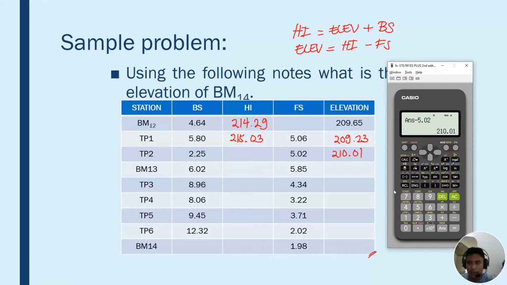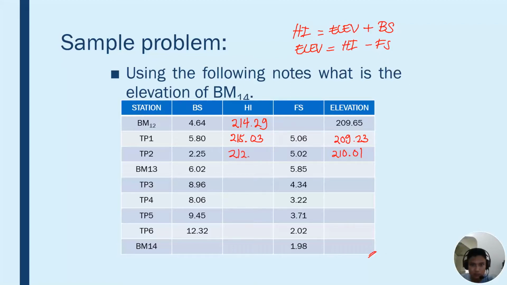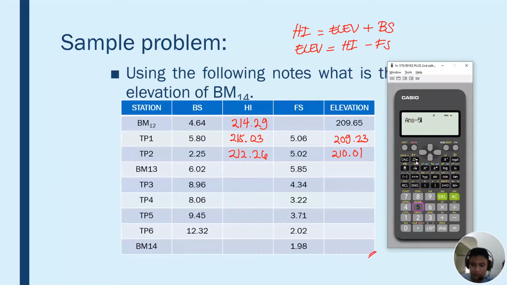Then add 2.25, 212.26. Subtract 5.85, 206.41.